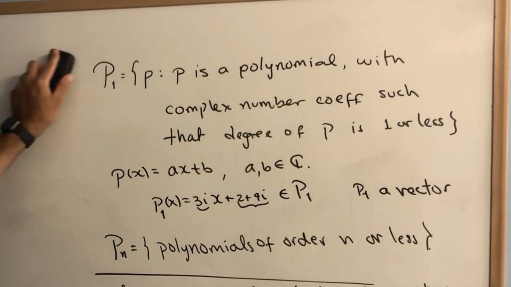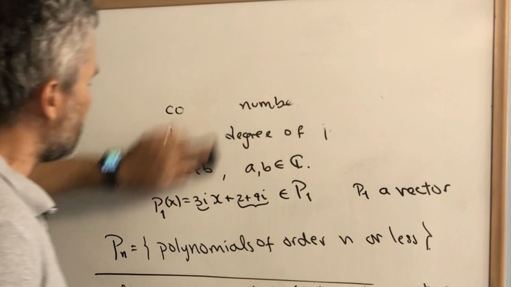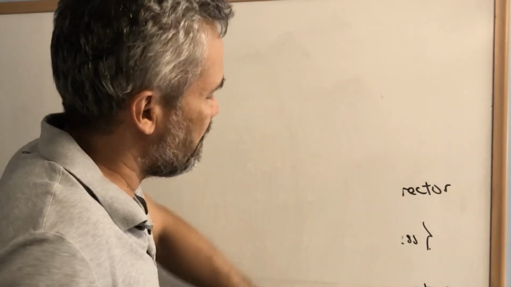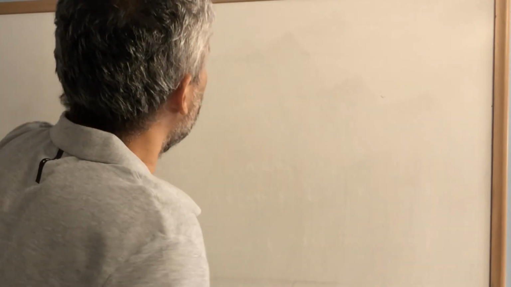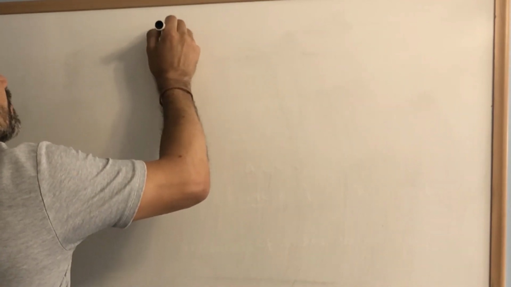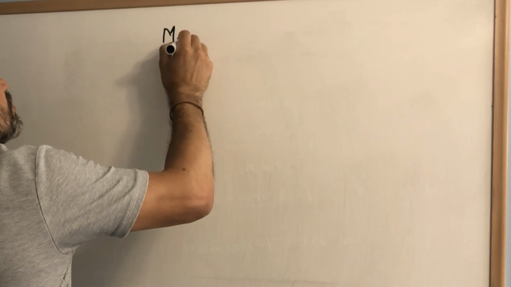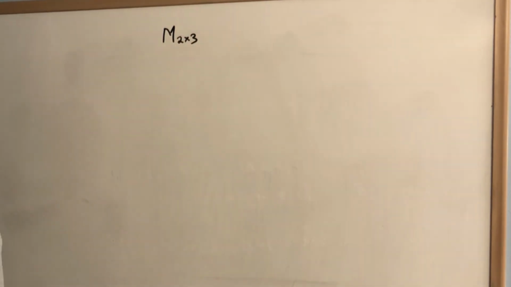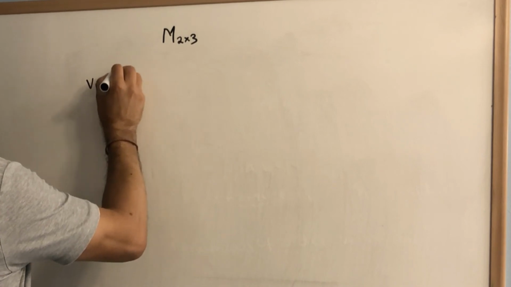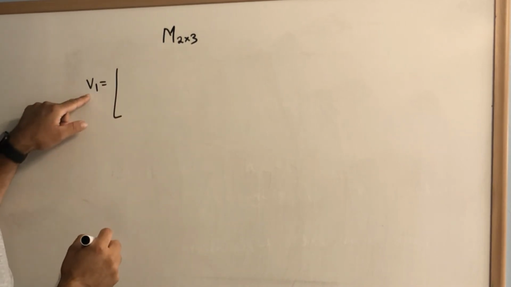In the same way that we defined linear combinations for regular vectors, we can define linear combinations for vectors when those vectors are elements in a vector space. Let's suppose that we have the set of 2 by 3 matrices, and let's suppose that we have these vectors. I'm going to call it v1 just to remind you that it is a vector.